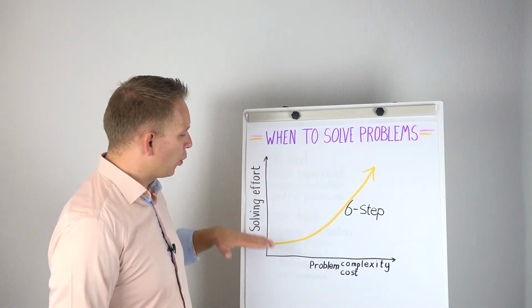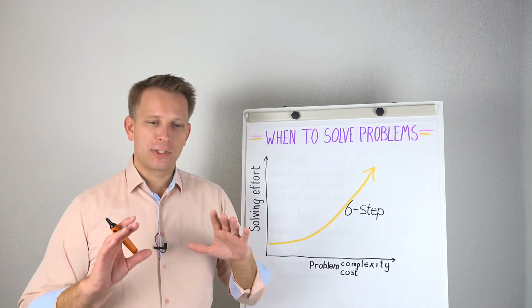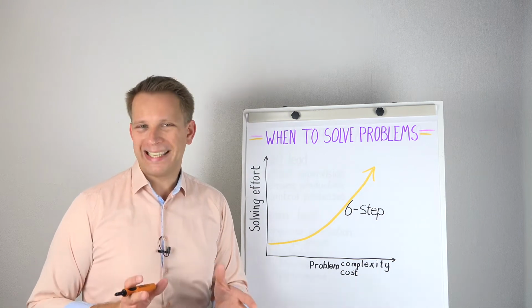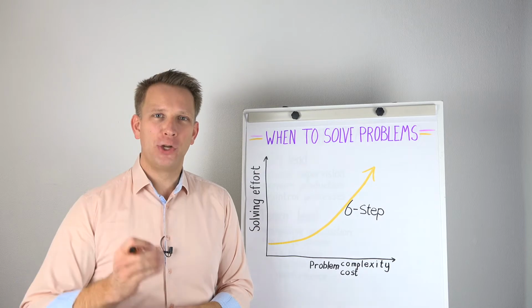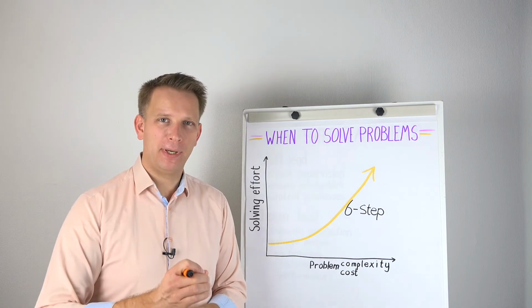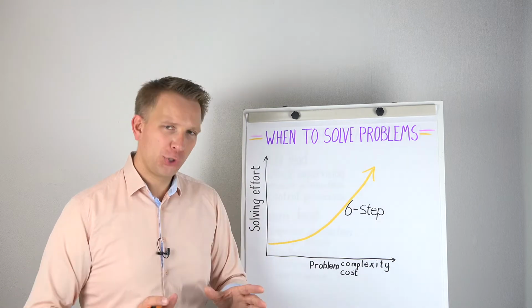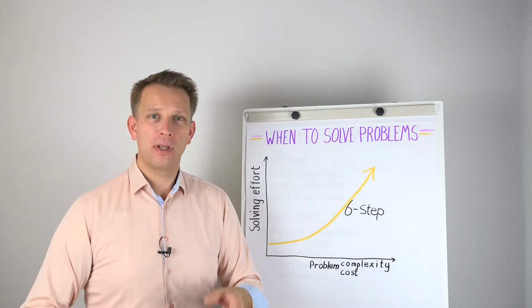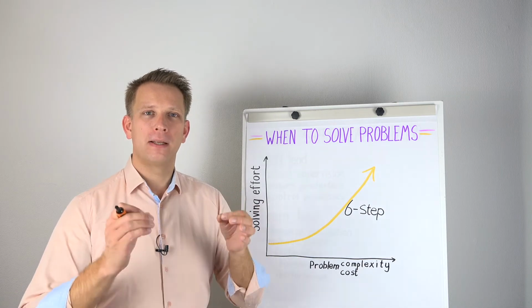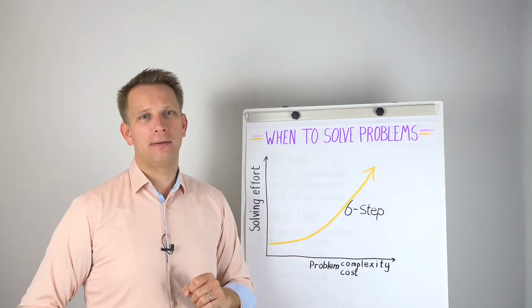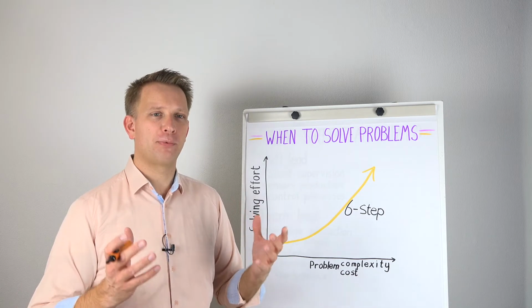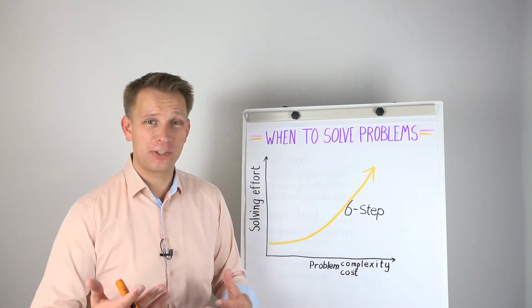You see, when the problem is relatively easy, so in practice that means you really know what happened. So you know for sure the direct cause of what made this problem in production. If you know that, you don't really need to define the problem as formally, because it's already clear.